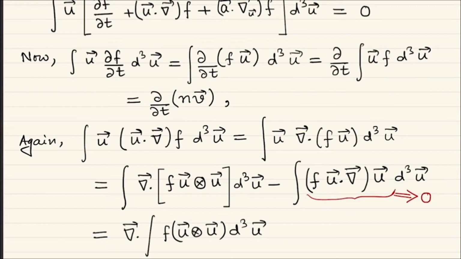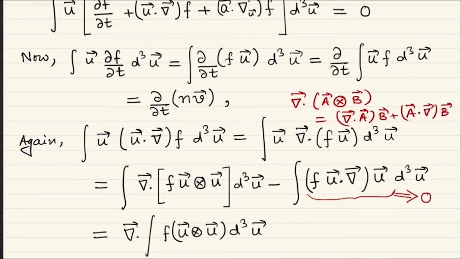Now in assignment 0, I asked you to do something, a tensorial identity, which is very, very important. That is, if you have the divergence of a tensorial product of two vectors, then it should look like this: (∇·a) b plus (a·∇) b. Although a priori at first look it may look symmetric over a and b, it is not.